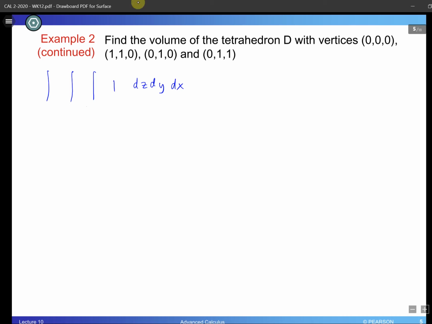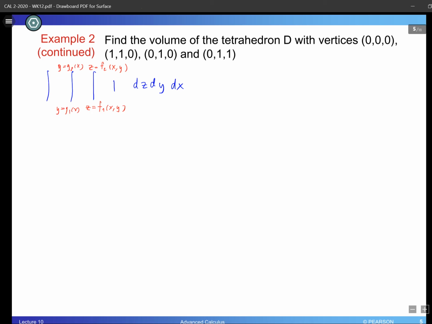We sweep the z variable between two surfaces. z starts at the lower bound, which is f1 of x, y. The upper bound is f2 of x, y, and y has the lower bound of g1 of x and the upper bound of g2 of x.